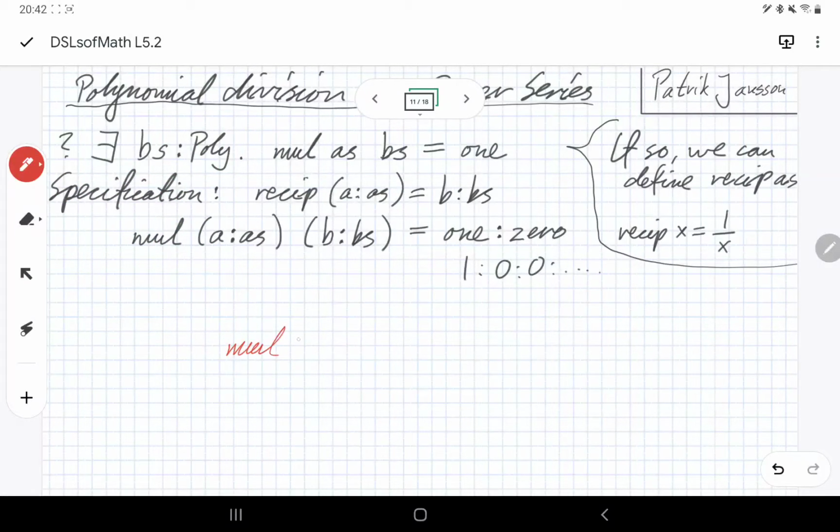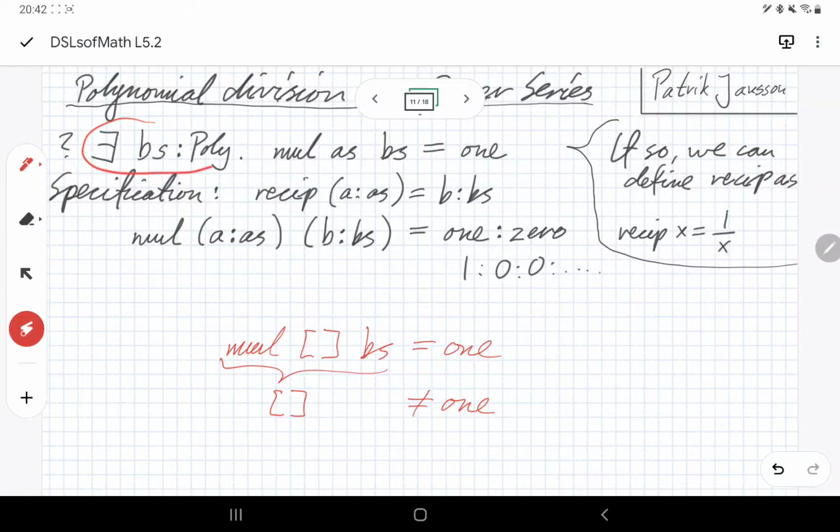We try to solve the equation mul empty list BS equals 1. But we know that mul empty list BS for every BS is the empty list, is 0. And 0 is not equal to 1. So there is no solution. So when we ask ourselves up here, does there exist a BS such this holds?